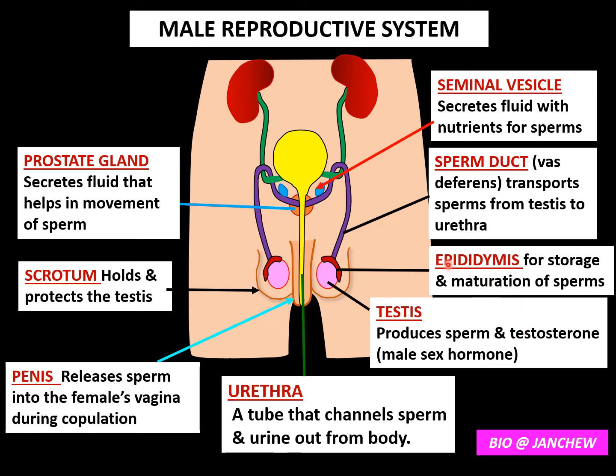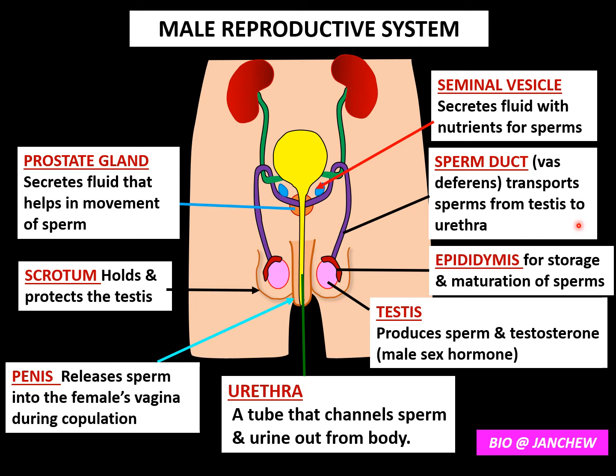Then after that, the sperms will be stored in the long coiled tubule called the epididymis. It's for the storage and maturation of the sperms. Then the sperms will be transported through the sperm duct here, which is colored purple. It is also called vas deferens.